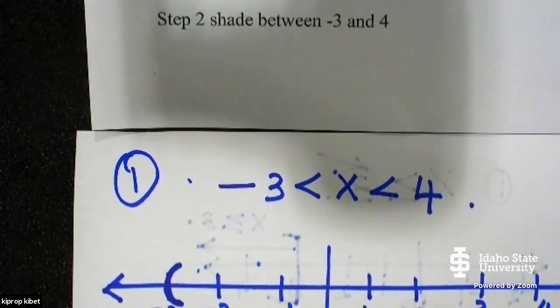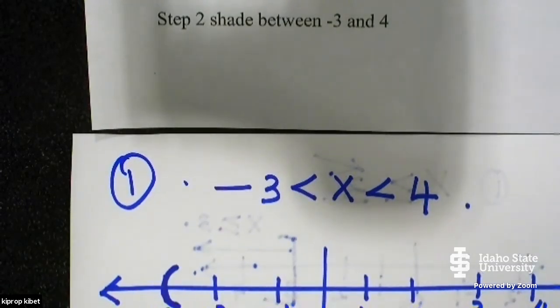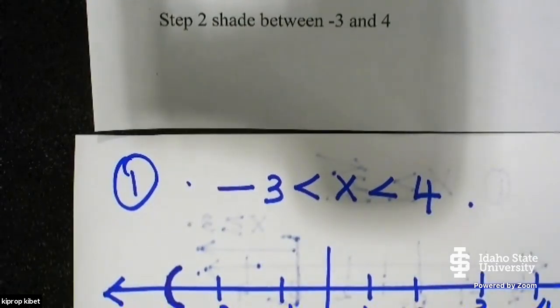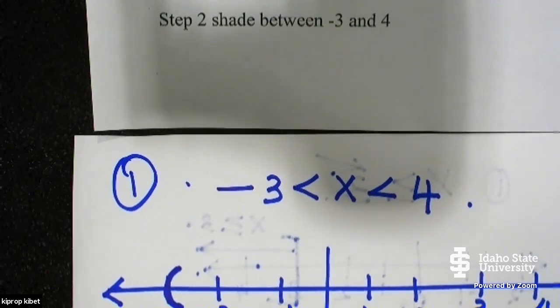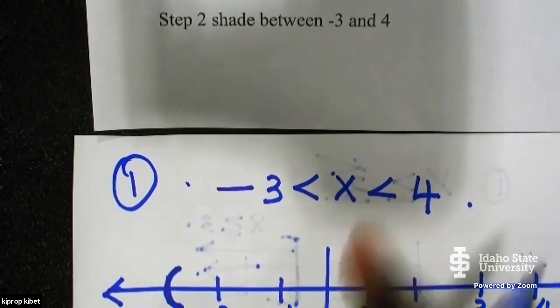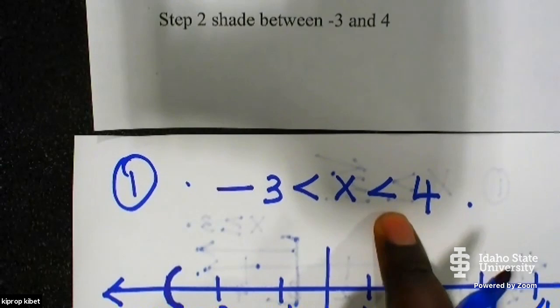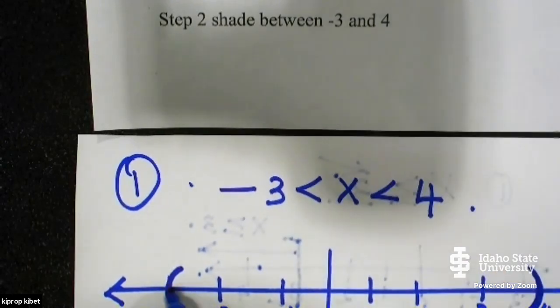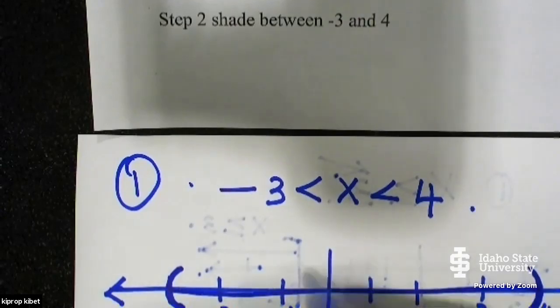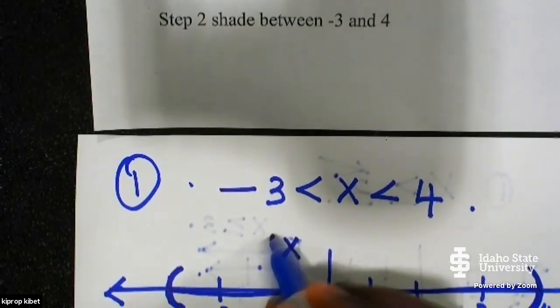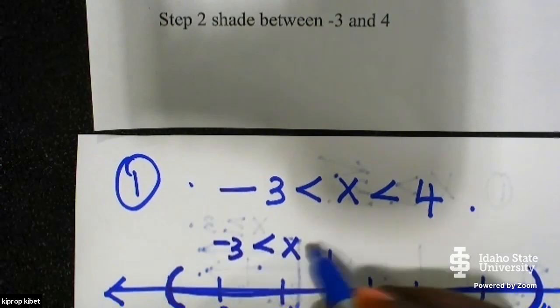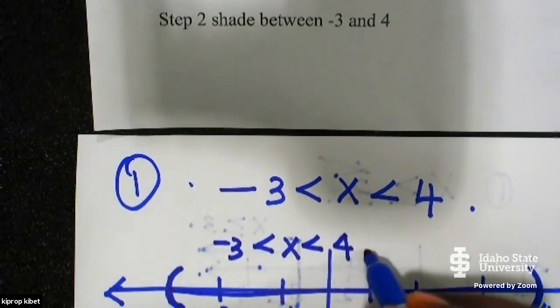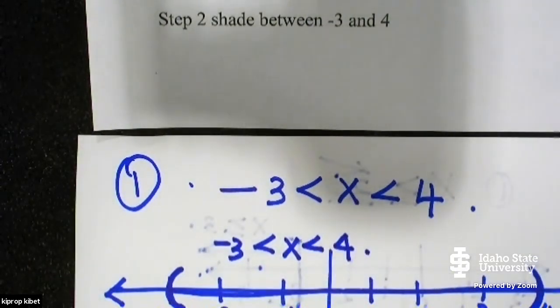So it is less than 4. That means -3 is less than 4, right? 2 is less than 4, right? And then we are not including 4. So this one is our region. This is the region x greater than -3, and this one is the region x less than 4.